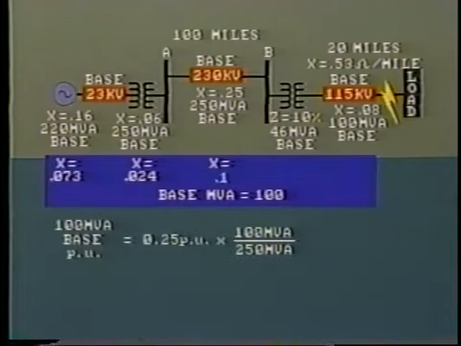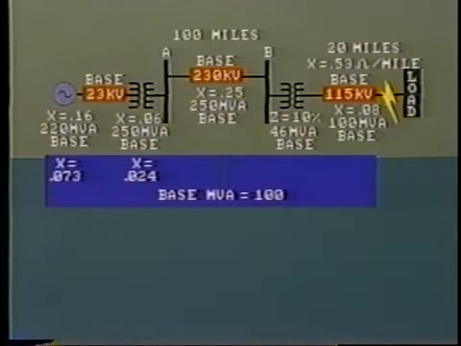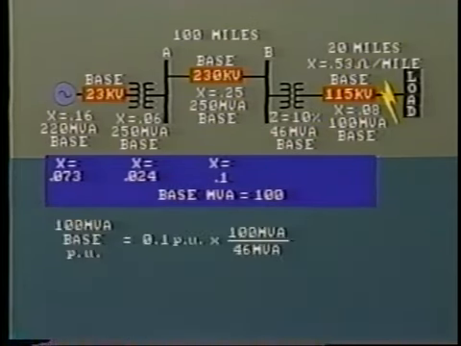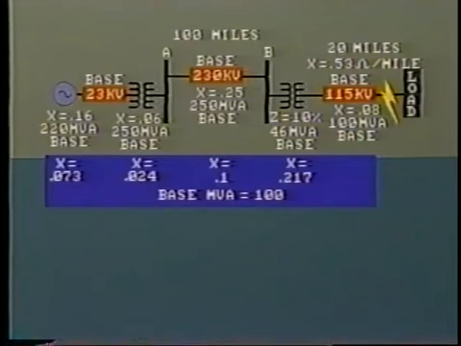This converts to 0.1 on the 100 MVA base. We already know the impedance, let's call it reactance value for this transformer, 10% at 46 MVA. That is 0.217 per unit on a base of 100 MVA. The 115 kV line we already calculated as 0.08 on a 100 MVA base.